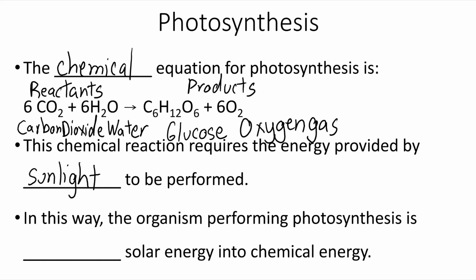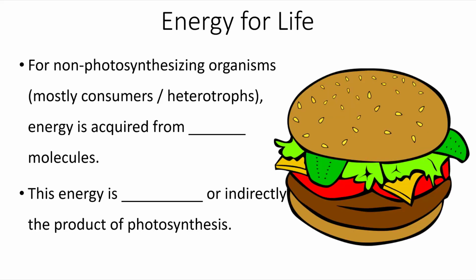In this way, the organism performing photosynthesis is converting solar energy into chemical energy. For non-photosynthesizing organisms, which are going to be consumers or heterotrophs, energy is acquired from food molecules.